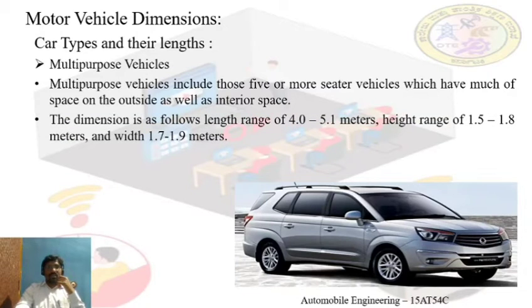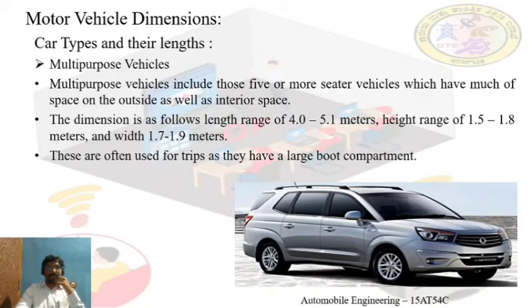If you observe the dimensions, the overall length of this vehicle falls in a range of 4 to 5.1 meters, the height comes under 1.5 to 1.8 meters, and the width falls under 1.7 to 1.9 meters. This vehicle, as I said earlier, is very good for trips, because you can accommodate more passengers, up to 5 to 6 members, and there is ample boot space so that we can carry the luggage as well.